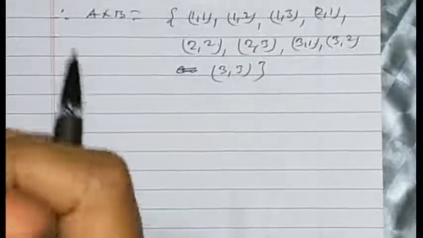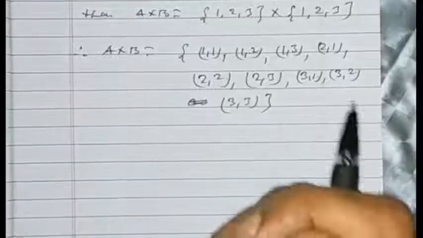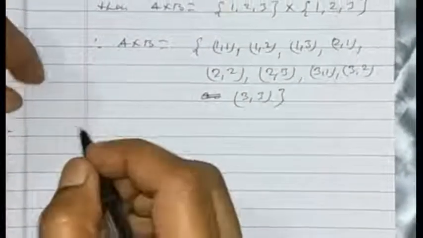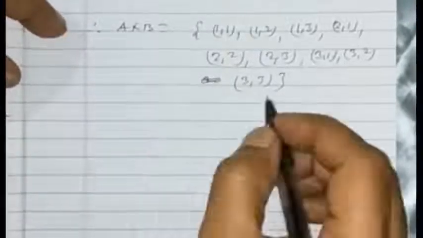Now we define a relation on this A cross B. Since we know that a relation is a subset of A cross B, we define any relation.